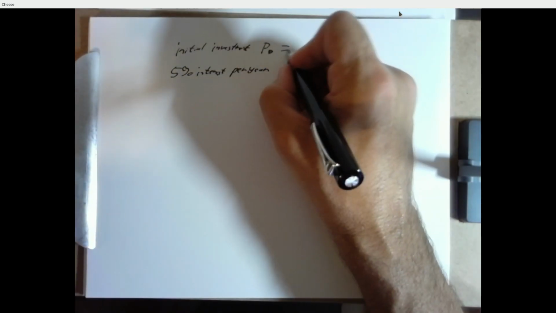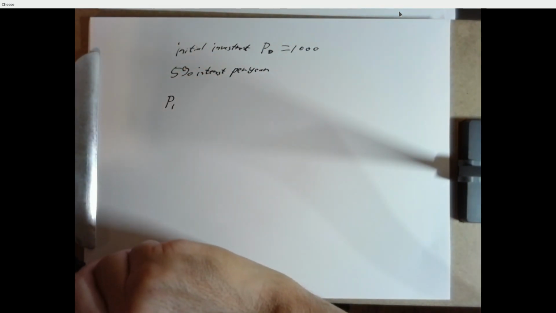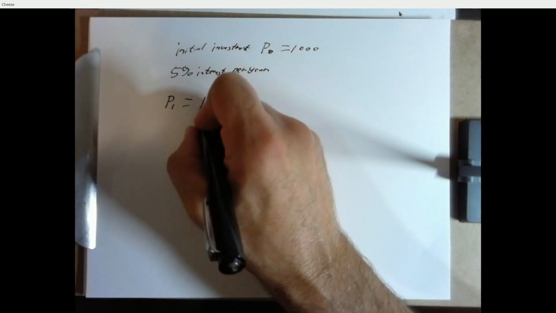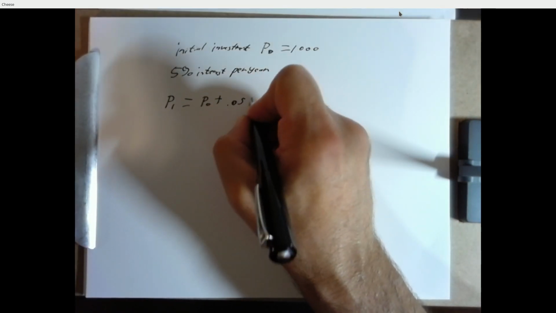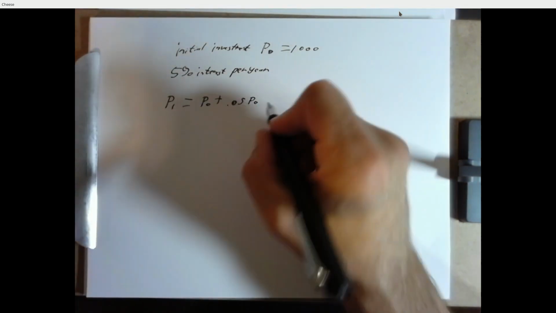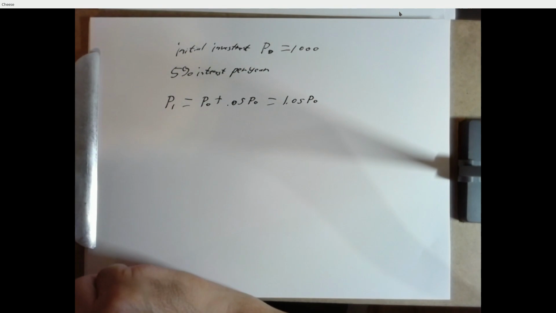And suppose your initial investment is $1,000. Well, let's write P1 for how much money you have after 1 year. It's your original amount plus 5% of your original investment, which is just 1.05 P0.